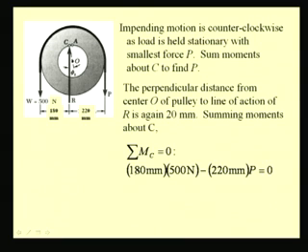So summing the moments, we have the moment arm for the 500 Newton force as 180 mm. So we have 180 times 500 Newton minus 220, the moment arm for this force P, which is a clockwise moment, so negative, equal to 0. So from this we find the value of P as 409 newtons.